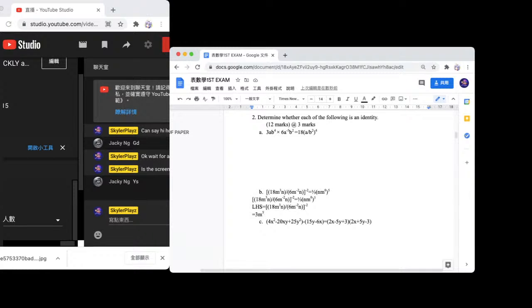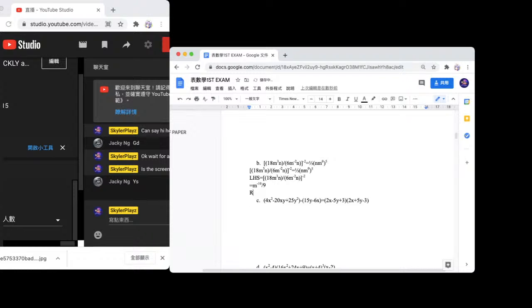All of these, we need to raise to the power of negative 2. So anything needs to be multiplied by the power of negative 2. And therefore, we will get the result here.